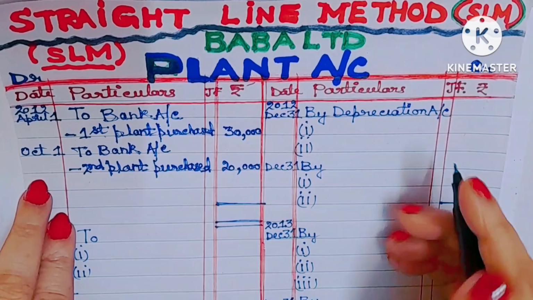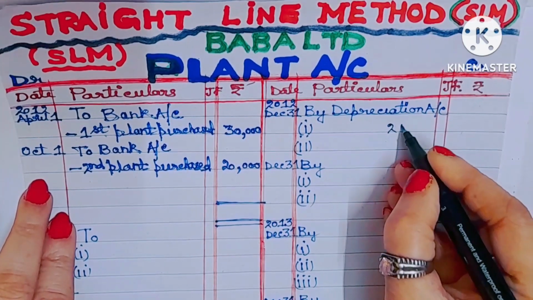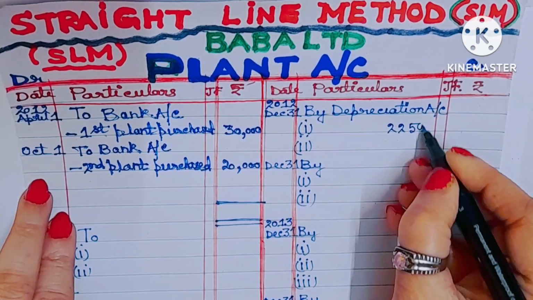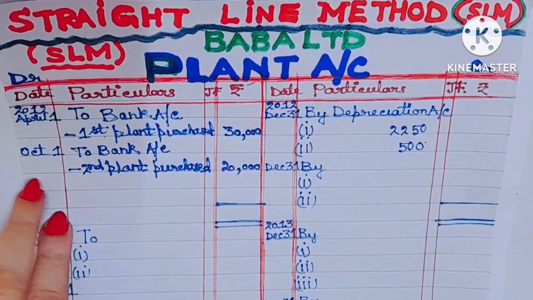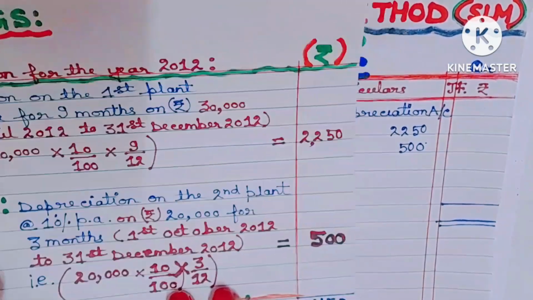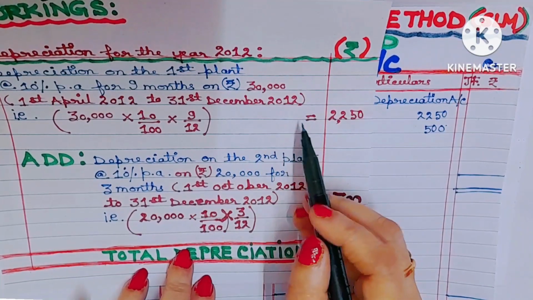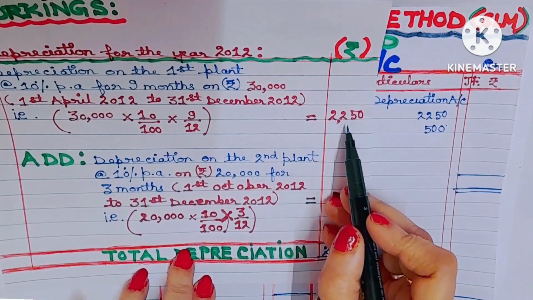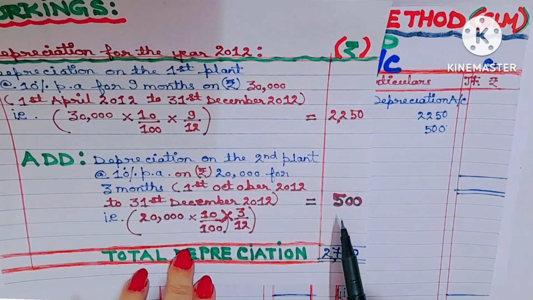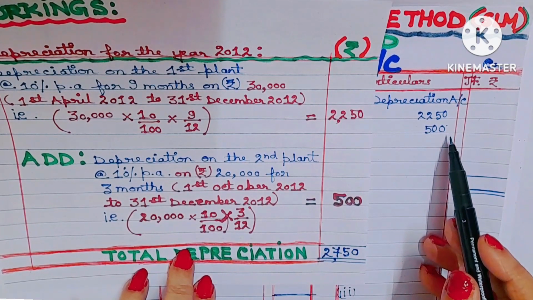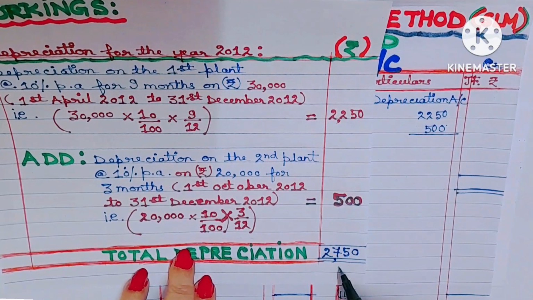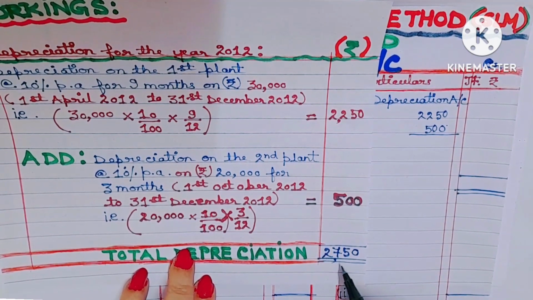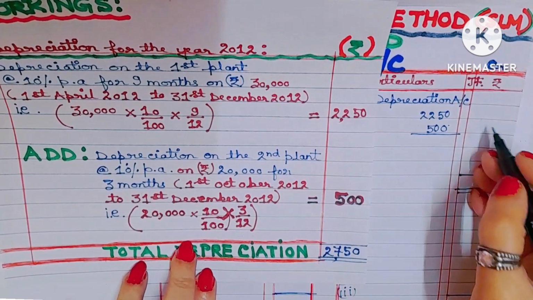So the first depreciation is 2,250 and the second depreciation is 500. See, the depreciation for the first plant is 2,250 and the depreciation for the second plant is 500. That is what we did. If you add up these two, we'll get the total depreciation 2,750. Understood?